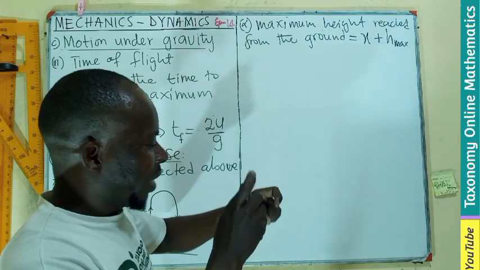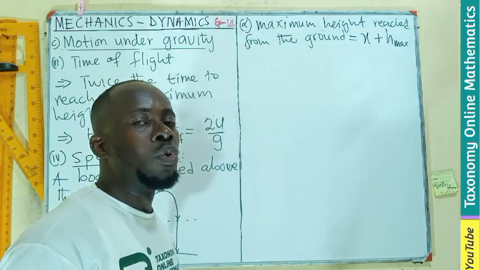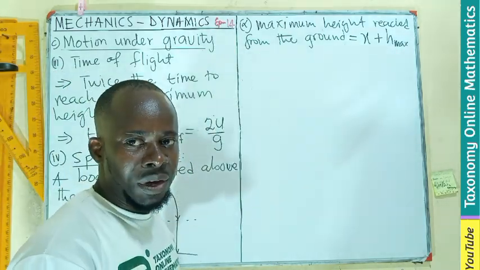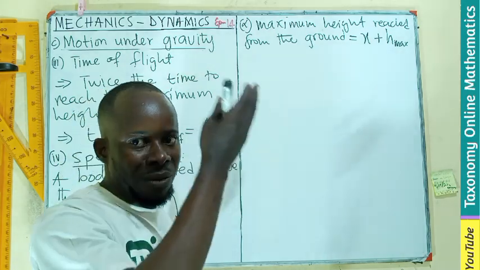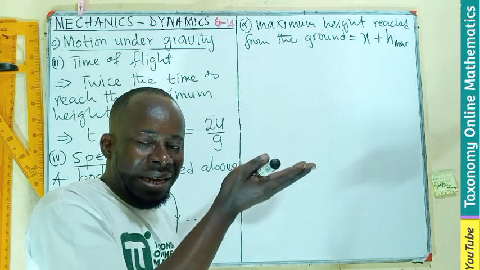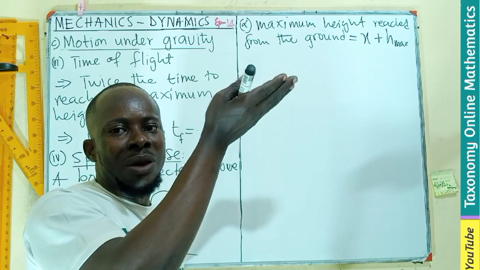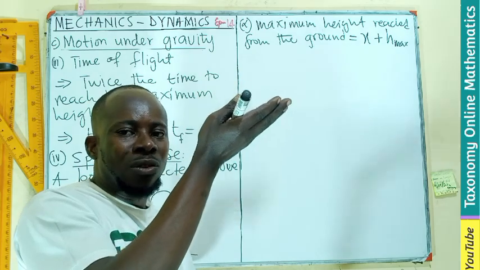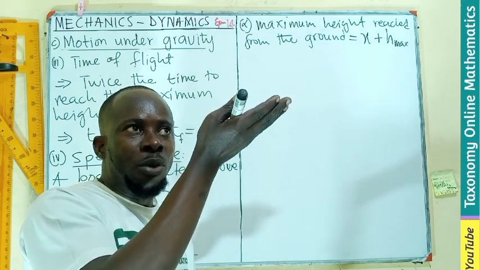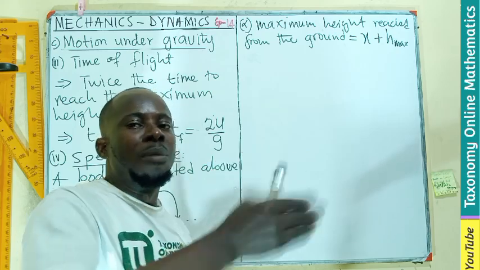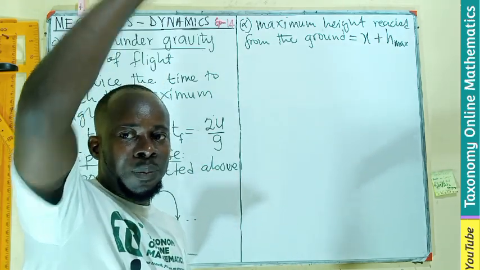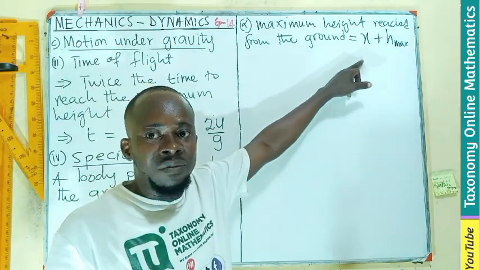If you are looking for the height the body will reach from the ground, even though it was not thrown from the ground but from a certain point above the ground, we are going to add the distance from the ground to the point of projection plus the distance reached, all together give you that value.